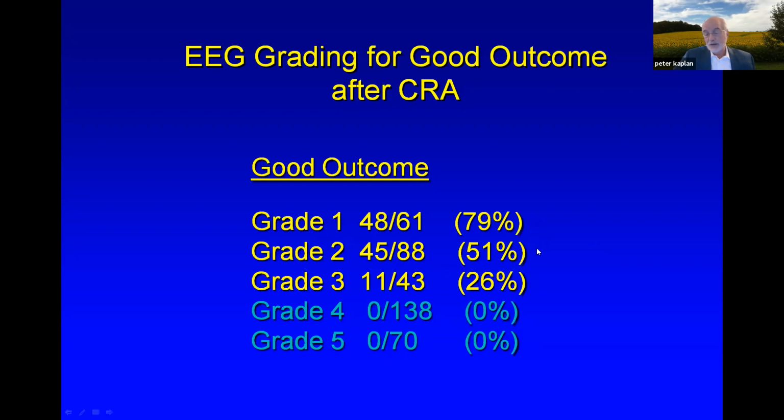And then 50% had a guarded prognosis, even with the grade 2 of theta. You're down to a quarter when you get to the delta, but the lower grades had pretty much 0. And this has been more recently refined by a number of publications that look at other aspects than just grading 4 and 5.